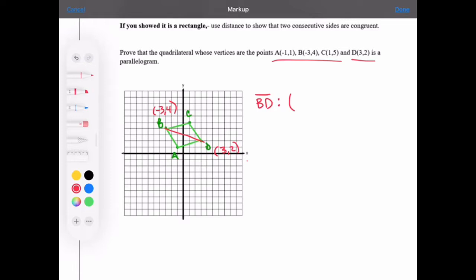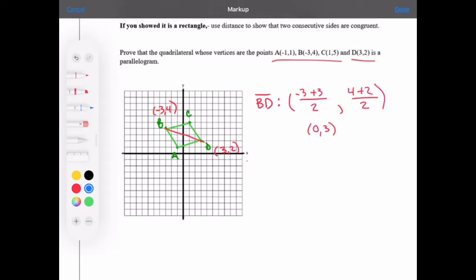So we said that to find the midpoint, first we have to find the average of the x's, so x1 plus x2 divided by 2. So negative 3 plus 3 divided by 2. And then we have to find the average of the y's, so that'll be 4 plus 2 divided by 2. And we end up getting 0, 3 as the midpoint for BD.